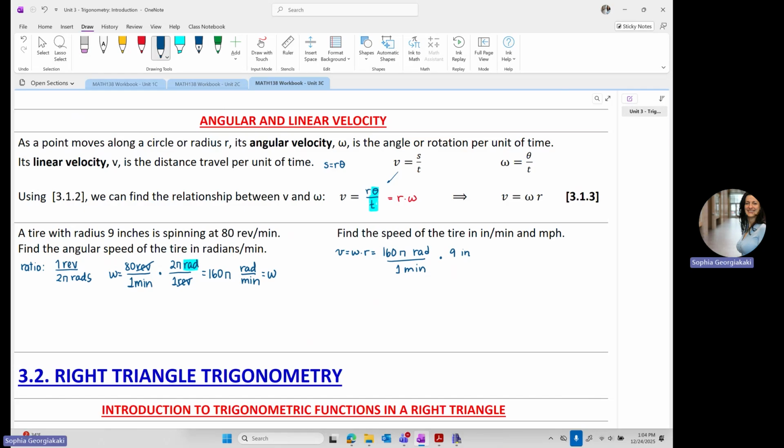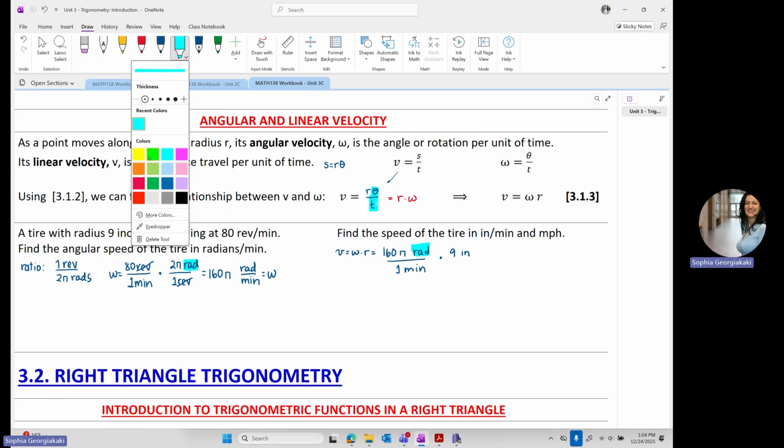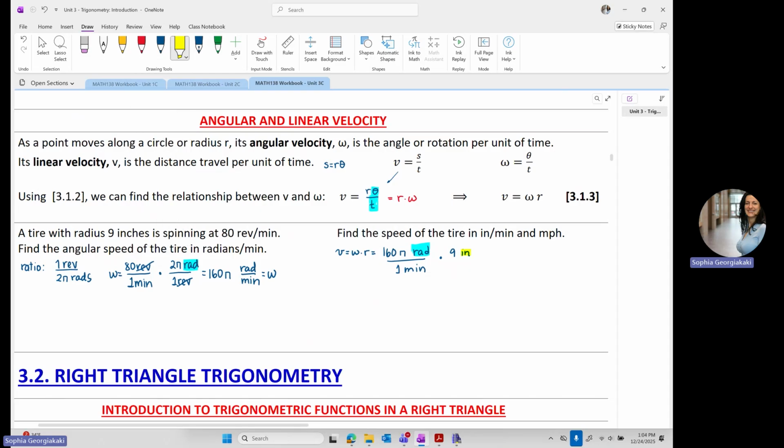And if you pay attention here, since the radians is not a unit, then if I do the math here as is, I will end up with some number of inches per minute. So inches per minute is the correct unit for what they are asking me to find, the speed in inches per minute.